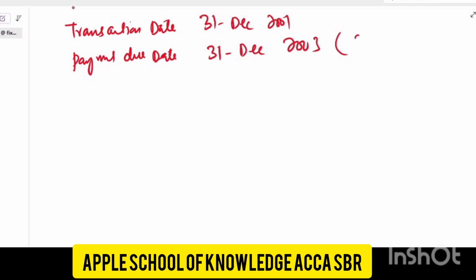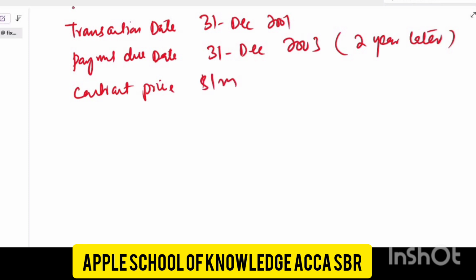It means 2 years later. Clear? The contract price was given as $1 million, and the customer borrowing rate is 10%. Now we have to do the accounting treatment.